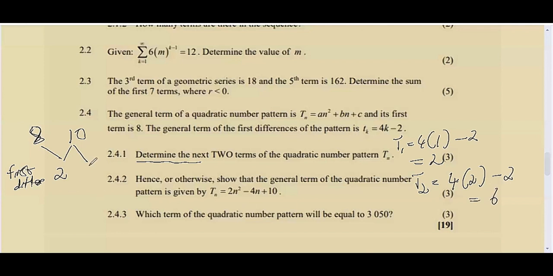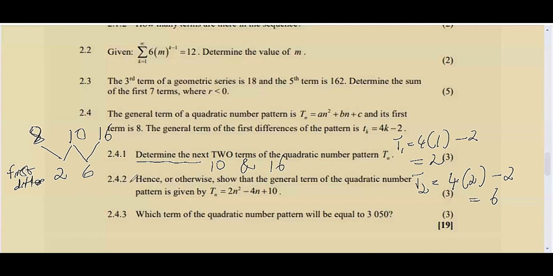Then 10 plus 6 will give us the term, which is 16. So that's how you were supposed to do it. That means your terms here are 10 and 16. Right, so just like that, you find that.